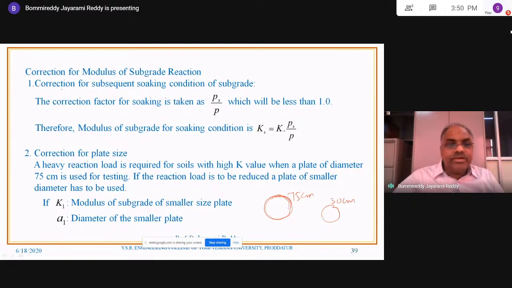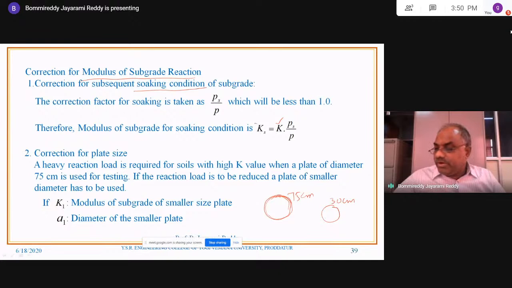So here now, correction for modulus of subgrade reaction. The possibilities of correction: correction for subsequent soaking condition of subgrade. When the subgrade is in soaking condition, we have to correct the value. So with the standard procedure, you will compute the magnitude of the K value.